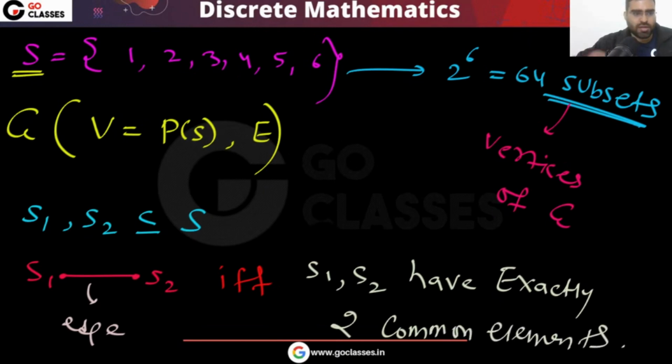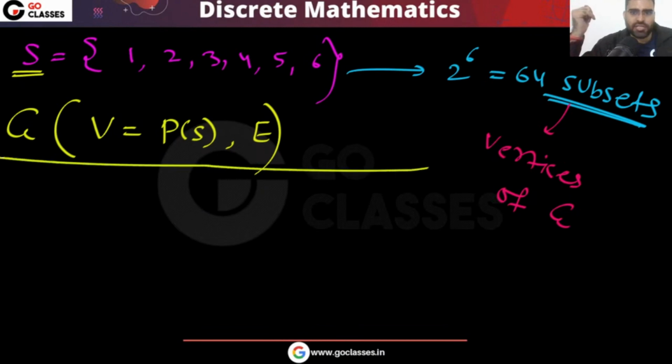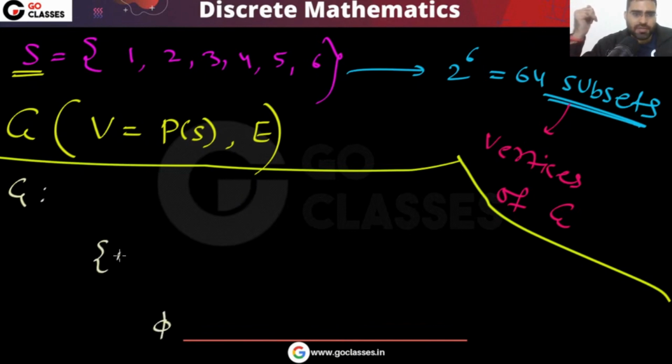Okay, so what will happen actually in this? Let's look at the graph G. In this graph G, this will be a vertex, for example this 5 will be a vertex.